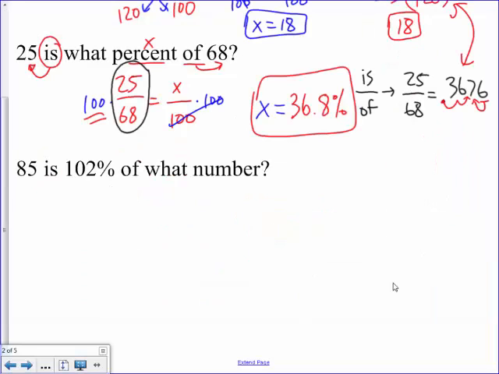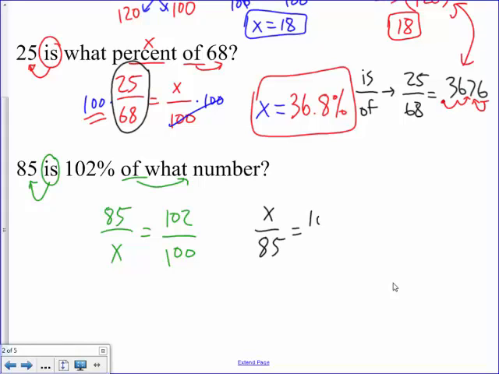And lastly, this is when it gets a little bit trickier. This is where I really like to use the percent proportion, when you don't know the of. So 85 is, of we don't know, so we give it x, is over of equals percent over 100. Remember 2 ways to do this: cross product, or if you didn't want to do the cross product, you would flip it to get that variable on top, and then 100 over 102.